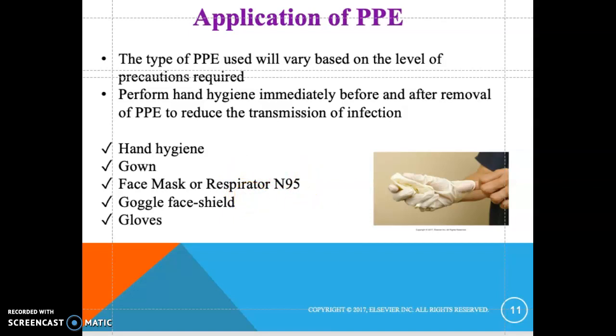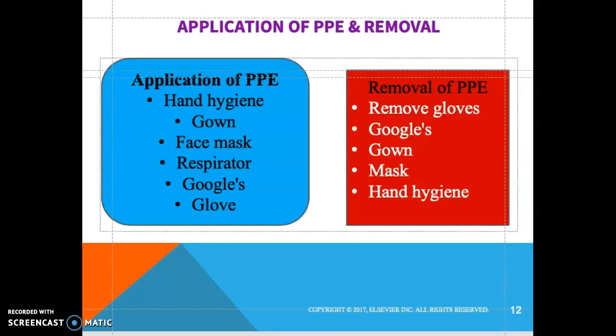On the other hand, if a patient is on droplet precautions, you are going to wear a surgical mask, and so on and so forth. So it's important to be able to apply and remove the PPE appropriately.